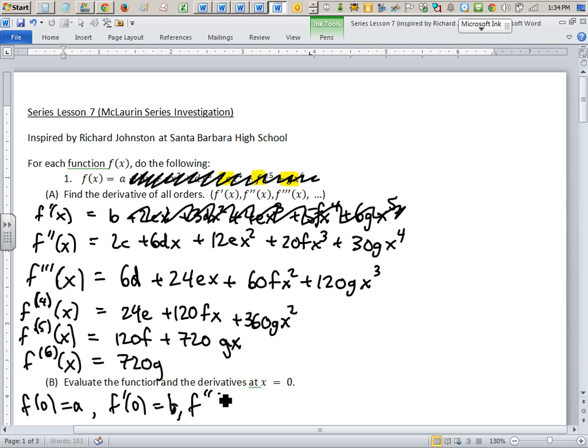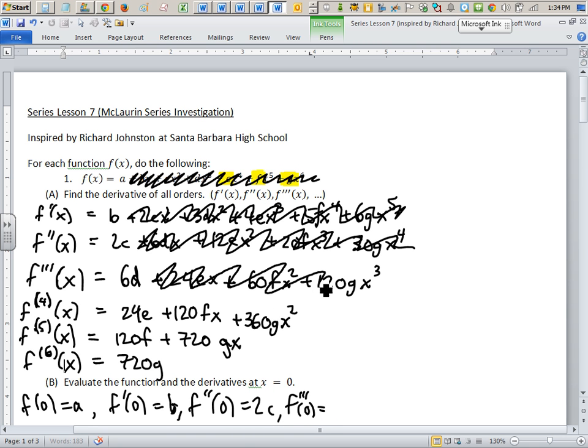What's f double prime of 0? 2c, right? Look at your derivatives there. What's f triple prime at 0? 6d. The fourth derivative at 0 is 24e.